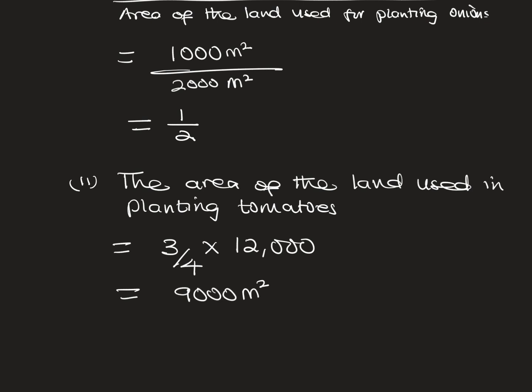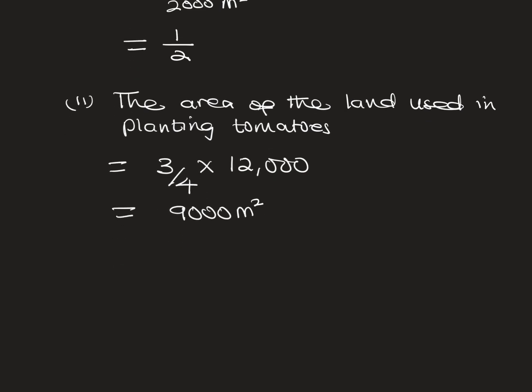So it means this is the area of the land used for planting tomatoes. Now, if on the first day, the laborer was able to complete 1/6 of the area of the land used for planting tomatoes, what was remaining? That is the question.